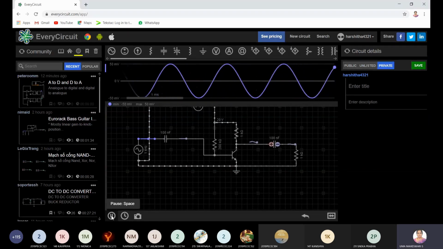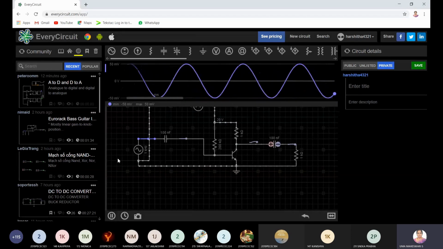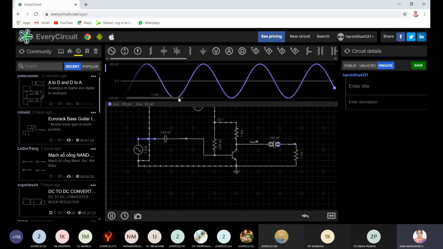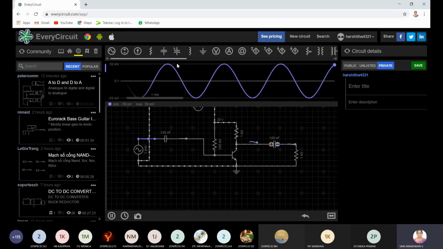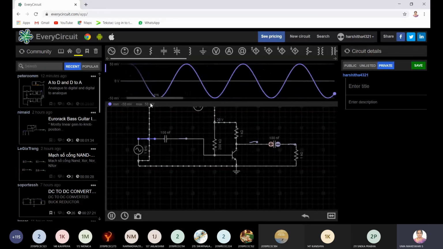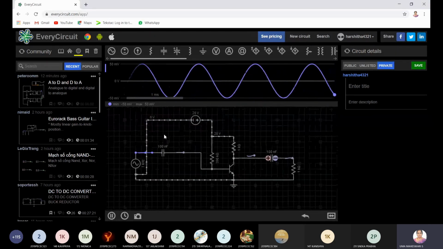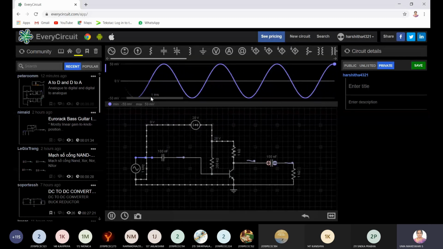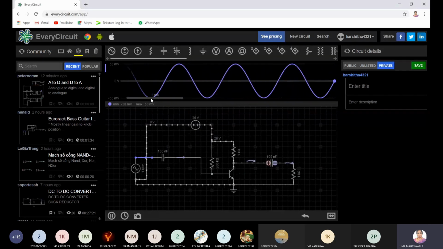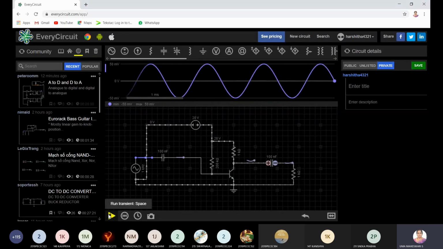While I set the function generator amplitude, I gave it as 50 millivolts. Remember, it is going to move from minus 50 millivolts to plus 50 millivolts. Frequency, I gave it as 1 kilohertz. So automatically, if you see, the time period is going to be 1 millisecond. So if you want, you can pause and see the waveform.